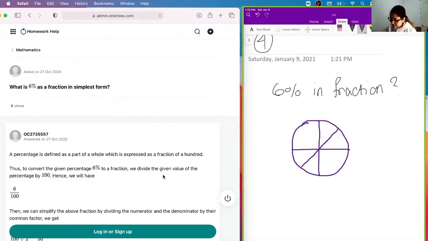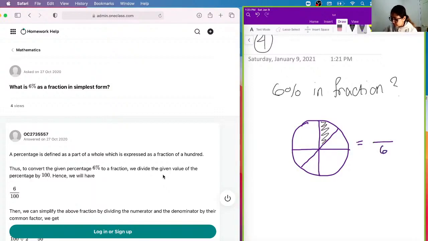And so in this case, let's say that out of the 6 parts we colored in 1 part, right? And to express this as a fraction, we would write our whole, the many pieces we have, 6.